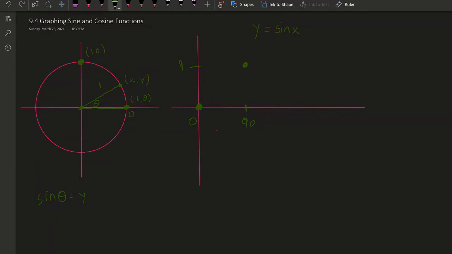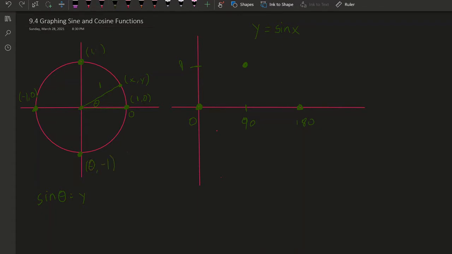Continuing on, I'll get another easy point to graph, and that will be 180 degrees, and that gives me this point, x is negative 1 and y is 0. So at 180 degrees, it's going to go back to 0. At 270 degrees, I have this point 0, 1.